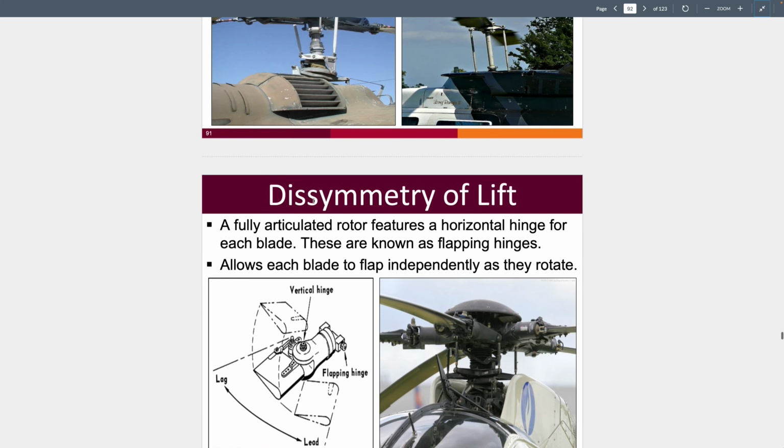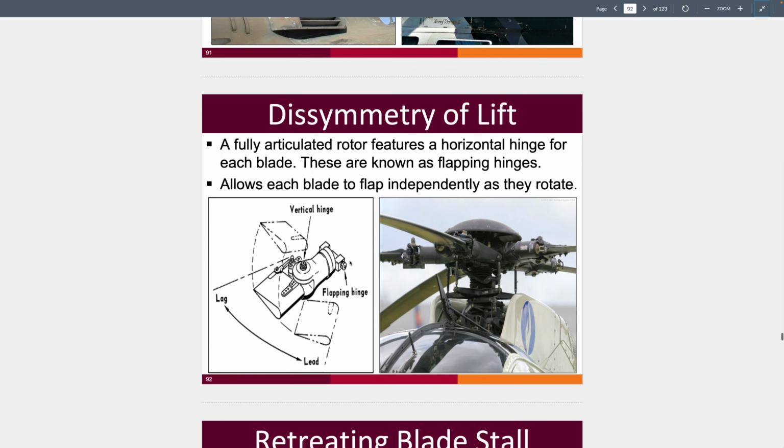However, interestingly, in a fully articulated rotor system, and this is a rotor system that features lead lag hinges, so this is a vertical hinge or lead lag hinge that allows the blades to move forward or aft relative to the next blade. And remember, this is how we compensate for Coriolis effect. The flapping hinge is right here.